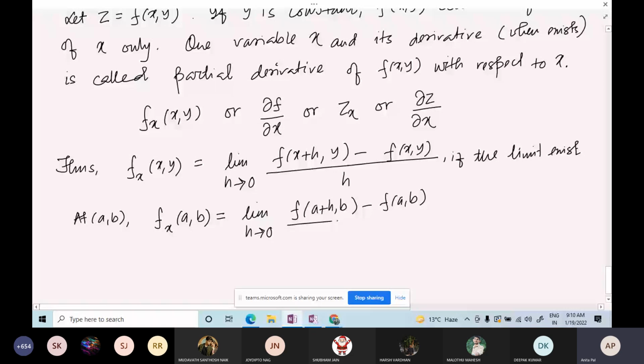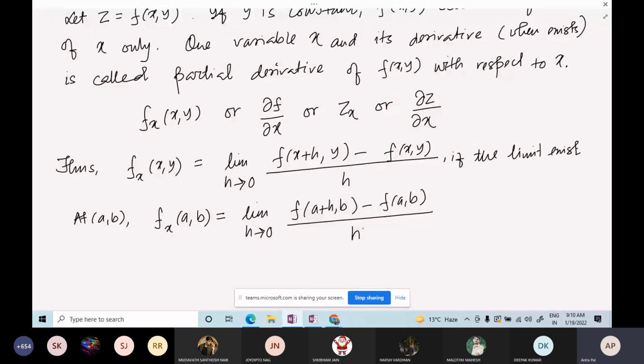At any point, the formula is going to be like this. When y is constant, the function f of xy becomes only a function of x, and its derivative is known as partial derivative of f of xy with respect to x.